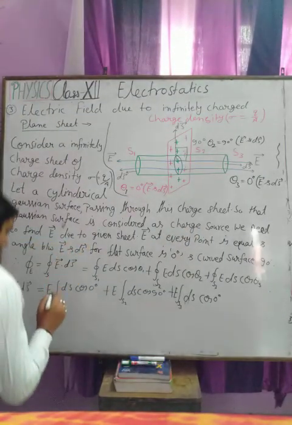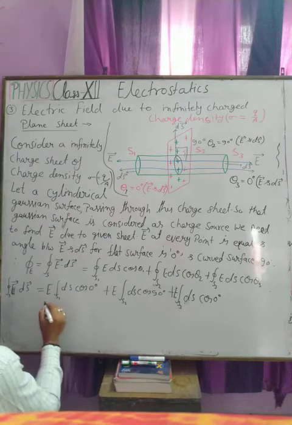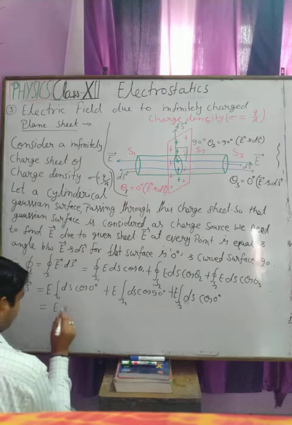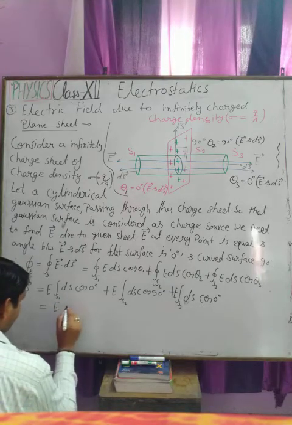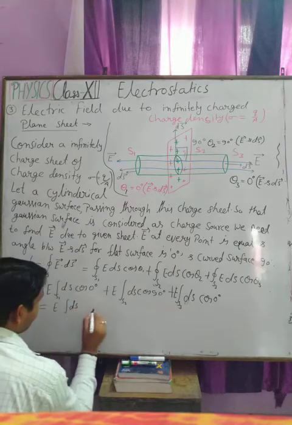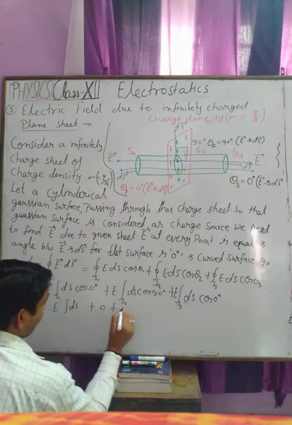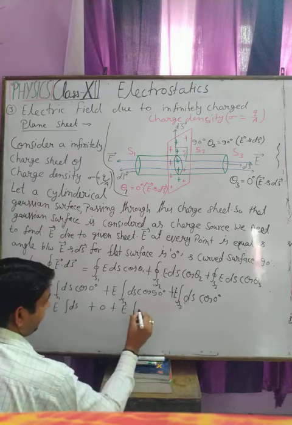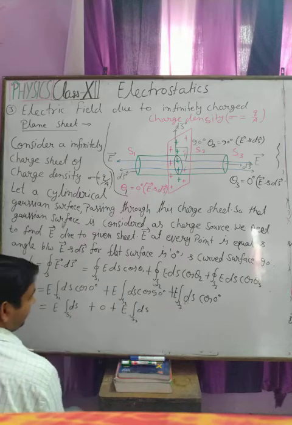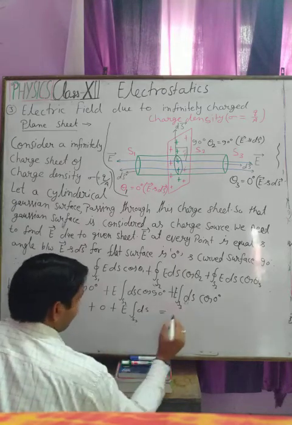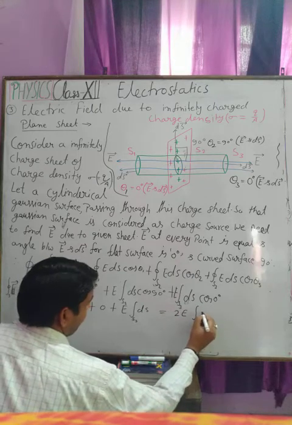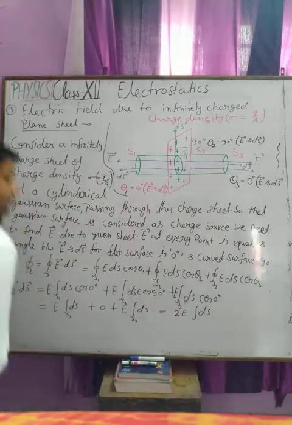Now we get E ds plus 0 plus E ds for S3 and S1. Therefore we add these two values: 2E ds.